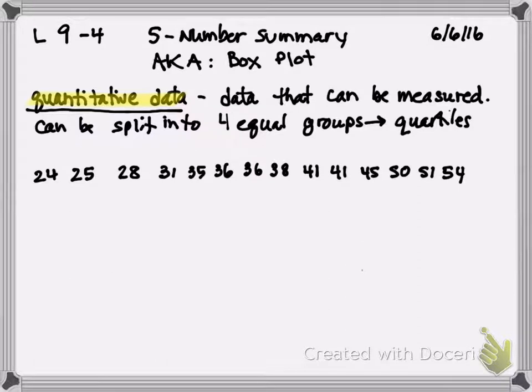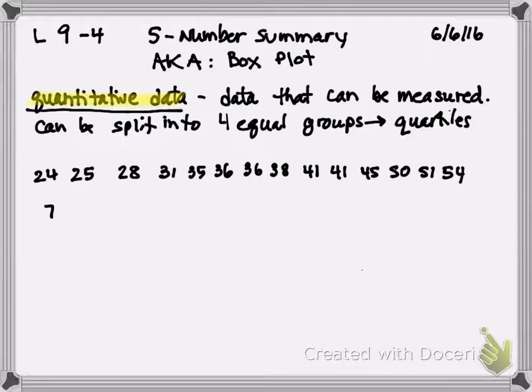What I can do is figure out how many numbers I have and find what the median is. So we have 1, 2, 3, 4, 5, 6, 7, 8, 9, 10, 11, 12, 13, 14 numbers. Did I get them all? Yes, 14 numbers. So that means between the 7th and the 8th number.